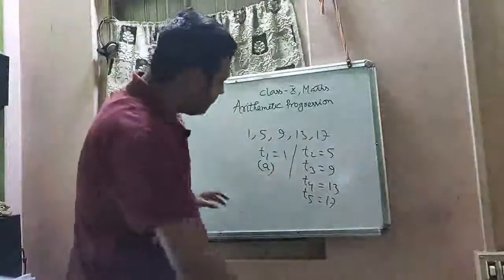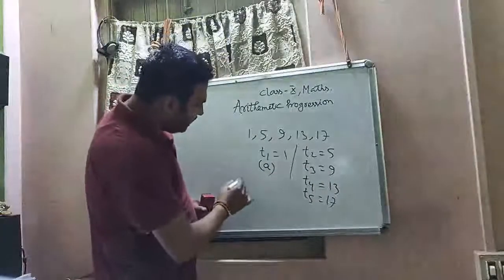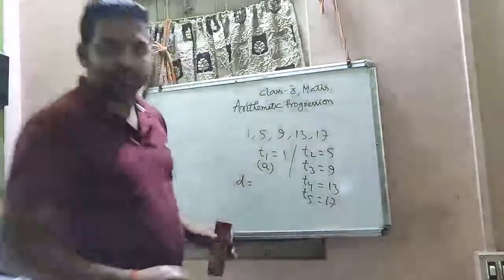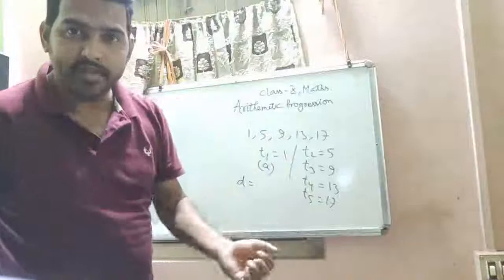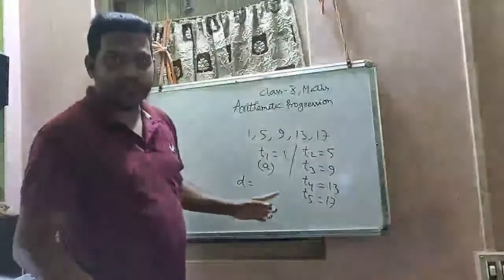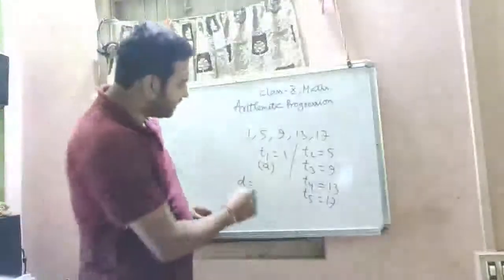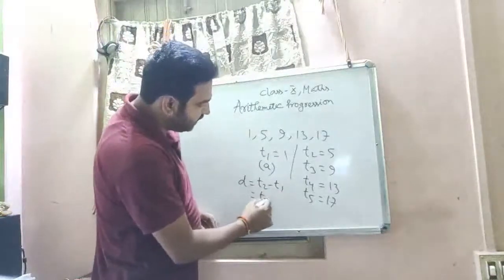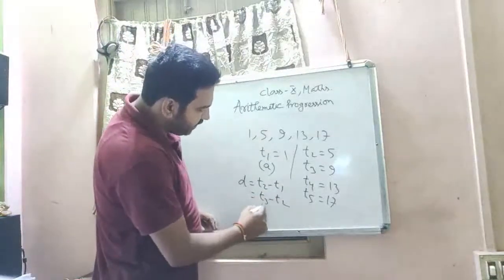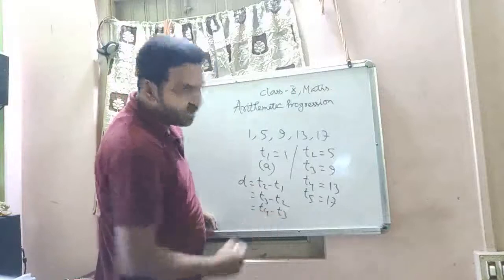So how to find the common difference, as the numbers are already in AP. So the common difference is D. Common difference, how to find? T2 minus T1, or you can write T3 minus T2 or T4 minus T3, like this.